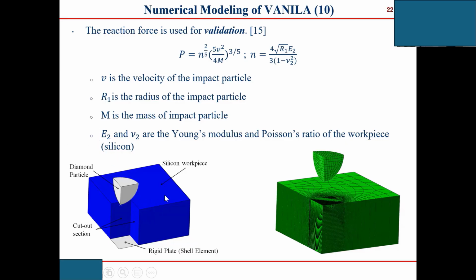So in order to capture the impact reaction force, my student built a rigid plate and attached this rigid plate on the bottom of this workpiece. With the rigid plate, we can capture the history of the reaction force, as we did in our metal forming Abaqus homework assignment.